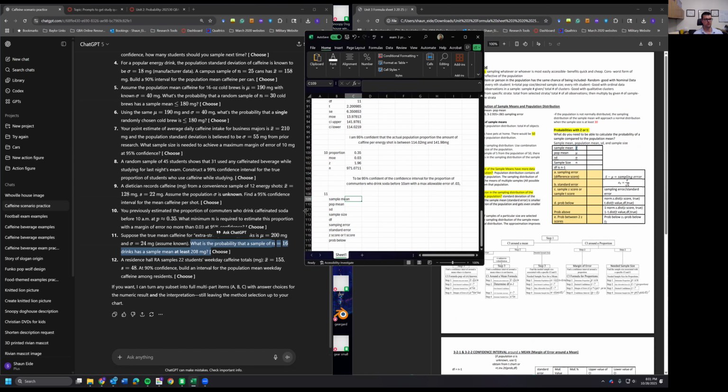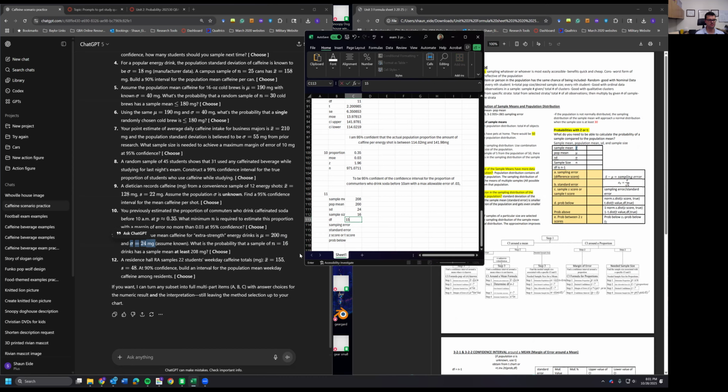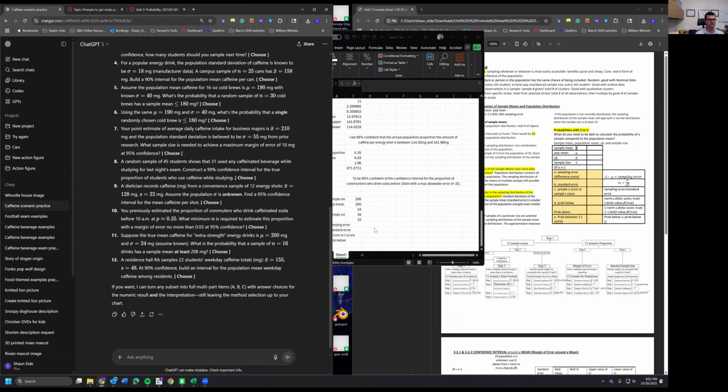And so we're going to do sample mean 208, population mean 200, standard deviation, which is right here, so 24. Okay. Sample size is 16. Degrees of freedom is going to be sample size minus 1, so 15, but we don't actually need it for this because we have the population standard deviation.